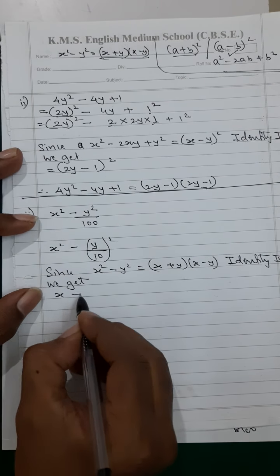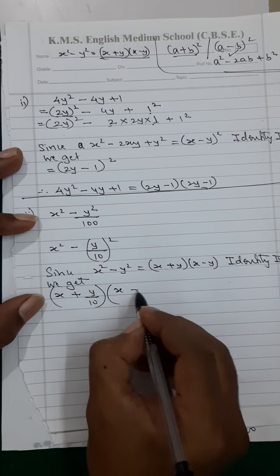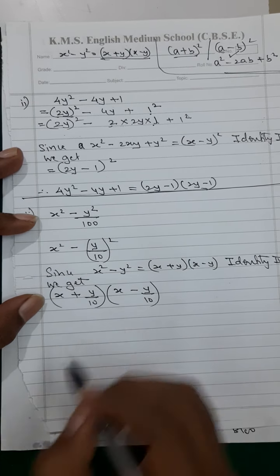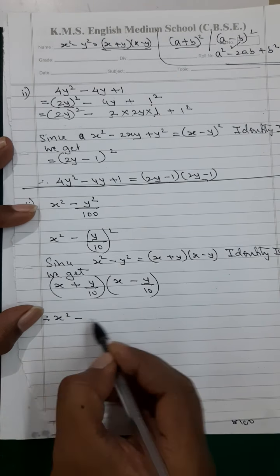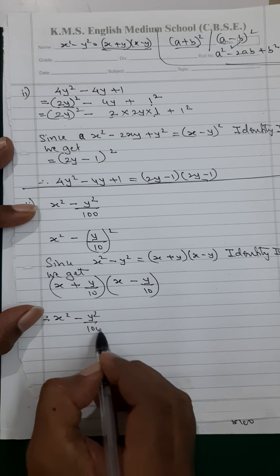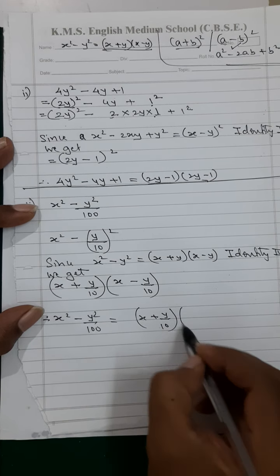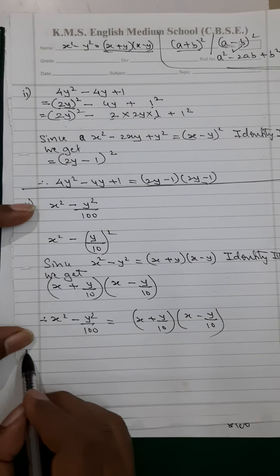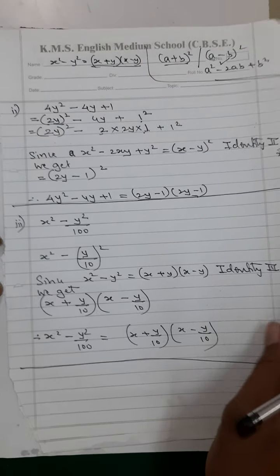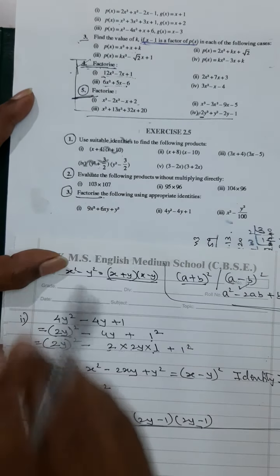This is going to be x plus y upon 10 in bracket x minus y upon 10. Okay, my dear students, so therefore x square minus y square upon 100 is equal to x plus y upon 10 in one bracket x minus y upon 10. So this is how we have finished with question number 3, which dealt with factorization.